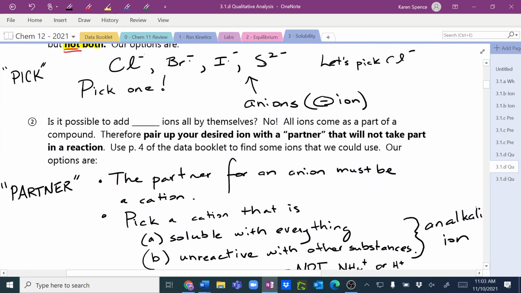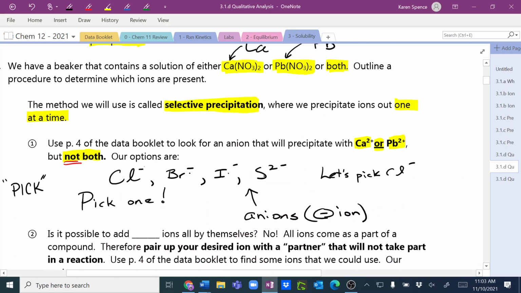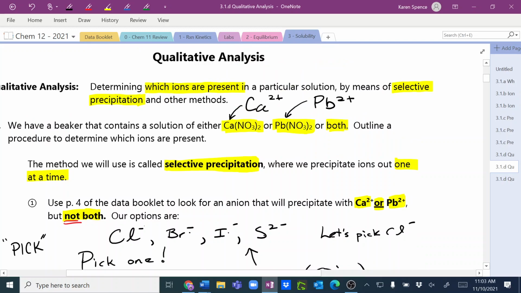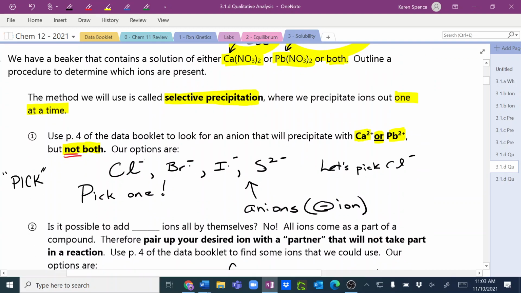What was step 1 again? We're trying to decide, is calcium here or is lead here or is it both? So first we have to pick an ion. What does that ion have to do?